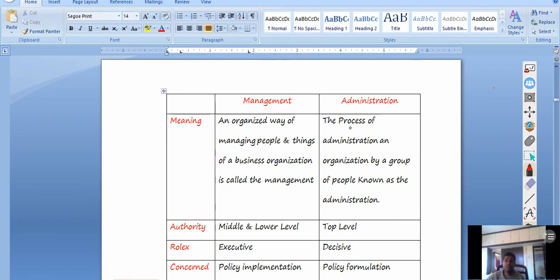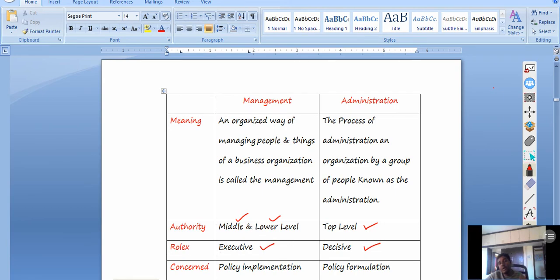In the process of administration, an organization of a group of people is known as administration. Management comes in the middle and lower level as we have seen, and administration is done by top level people. The role of management is executive, and administration is the decision maker, with the decision making capacity.